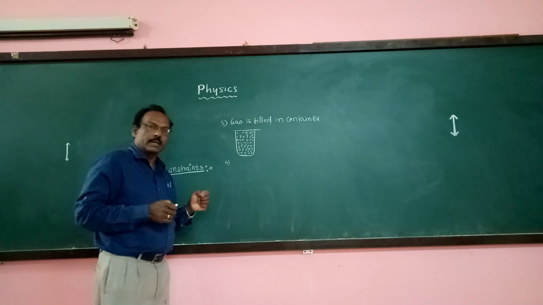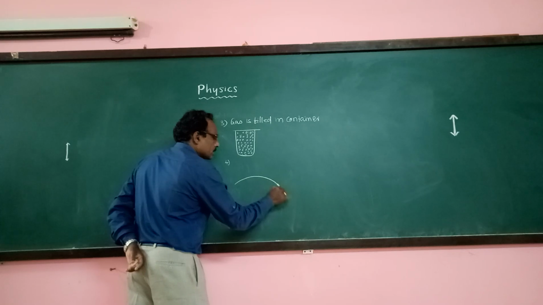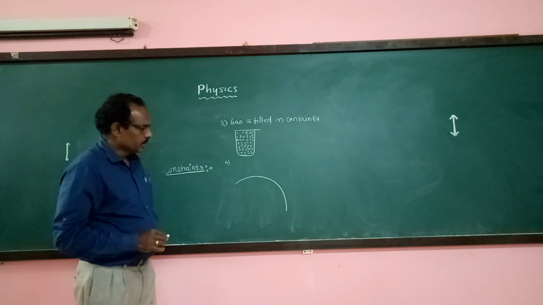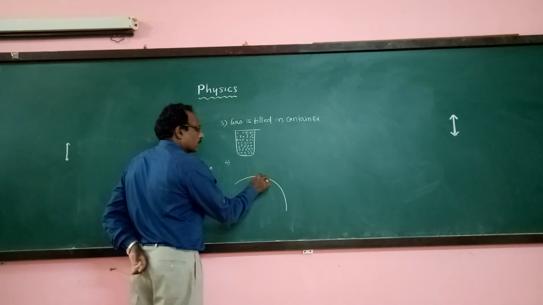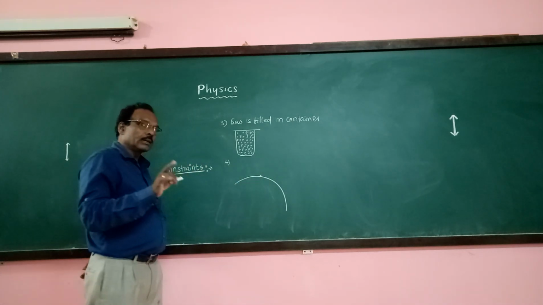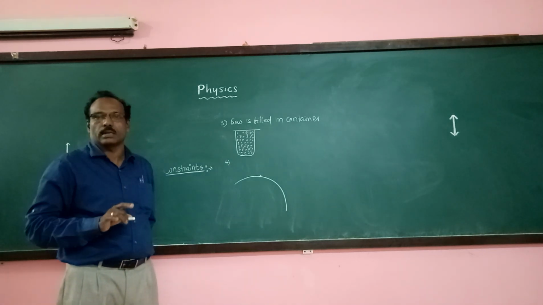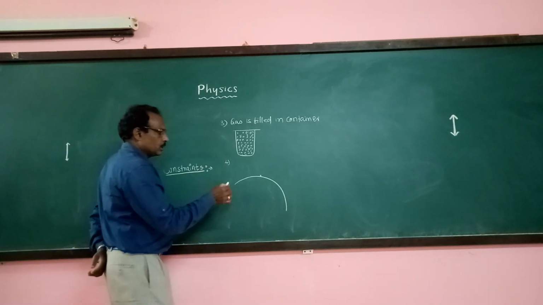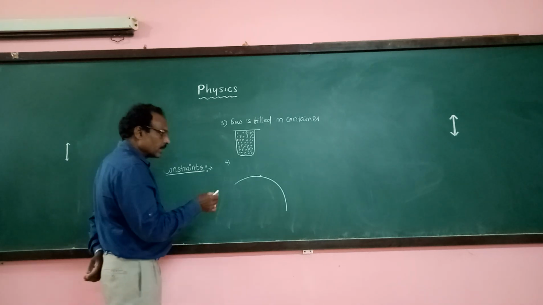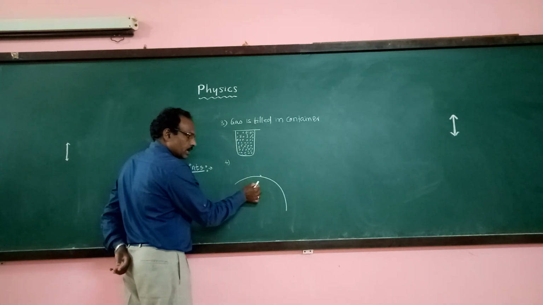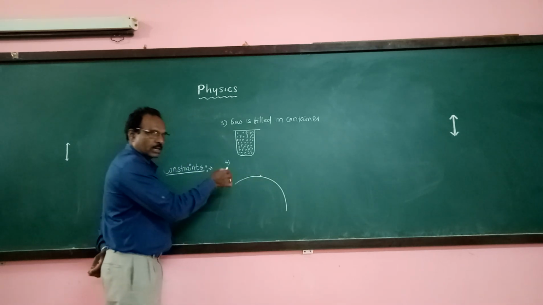That's a free space particle. When we keep the particle on the surface of a sphere, the particle is allowed to move only on the surface of the sphere. That means its motion is constrained motion, and the constraint here is that the particle is allowed to move only on the surface of the sphere.